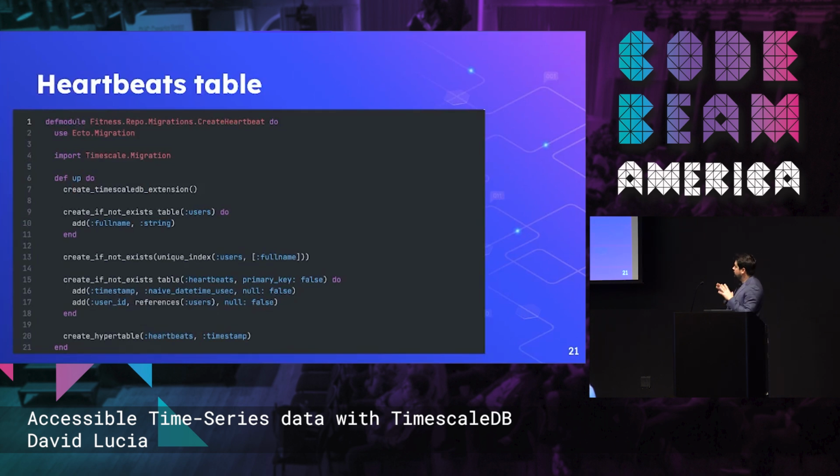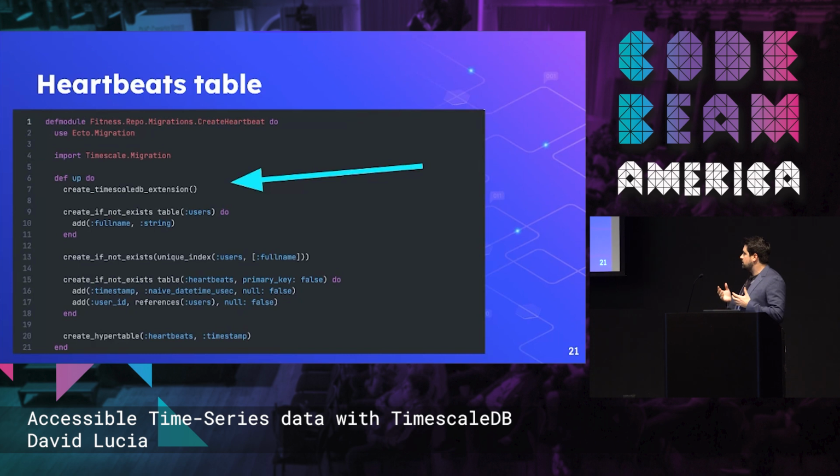All right, so here you're seeing some code that I'm sure is pretty hard to read from the back, but when you're going to start working with Timescale, you'll have your Ecto migration, and here we're working with Elixir, and you're just going to call a create TimescaleDB extension, and that's going to get everything up and running. From there, in our example, we're going to create a users table, and we could just have a full name for now, and we'll put a unique index on that.